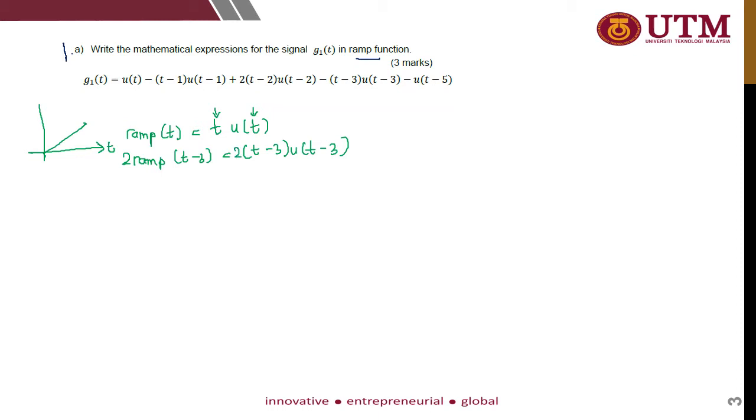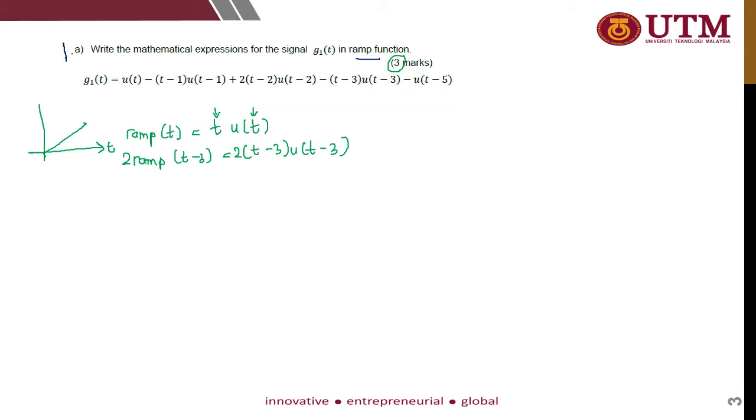So for the given question, you need to convert the given equation into ramp function. You need to show your steps because you need to address those 3 marks. The first step is to identify which components are representing the ramp function.